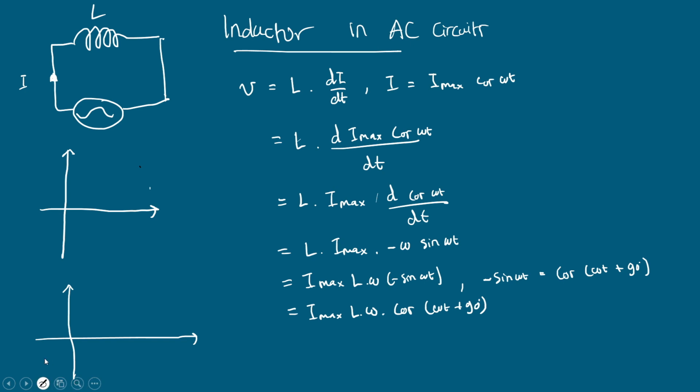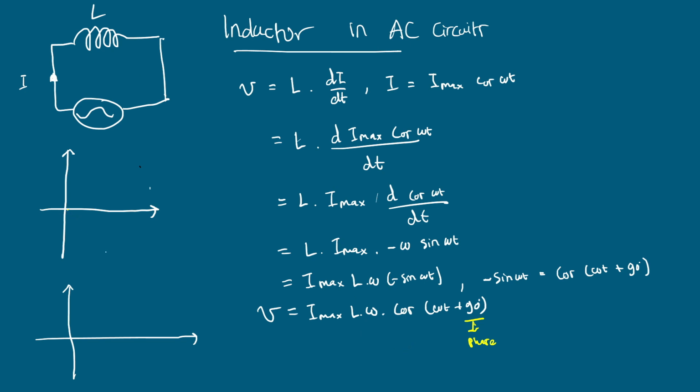Okay, here, focus. We have 90 degrees ahead of the omega t. So this is actually the phase of the V, or the voltage resulting from an inductor, right?